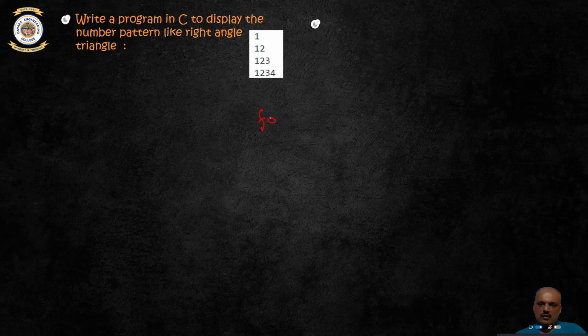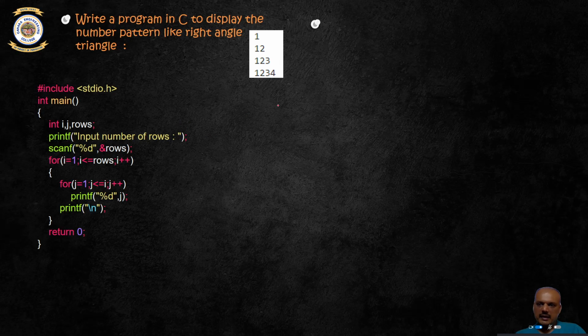For the first for loop, i goes from 1 to row, and the second for loop, say j, goes from 1 to the current value of the row variable, that is 1 to i. So that was the logic of this code. Now let's start implementing it.